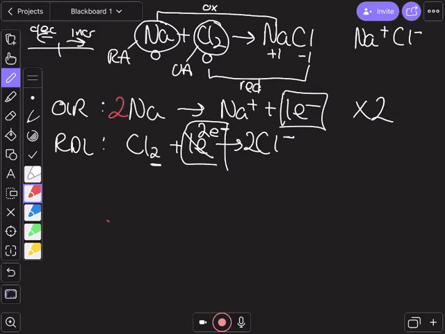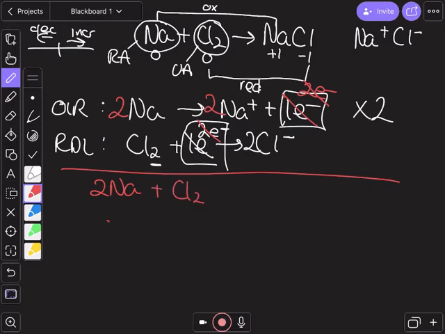So if I multiply it by 2, I have 2 here, and now I have 2 electrons here. And these guys now cancel each other out. So this will then be balanced. So I rewrite what I have. So 2Na plus Cl2 is equal to 2Na plus 2Cl minus, which is the same as saying 2NaCl. And that is an equation balanced by oxidation numbers.